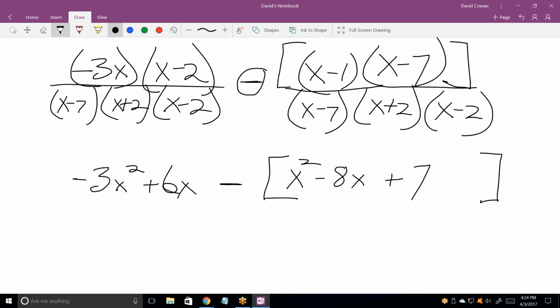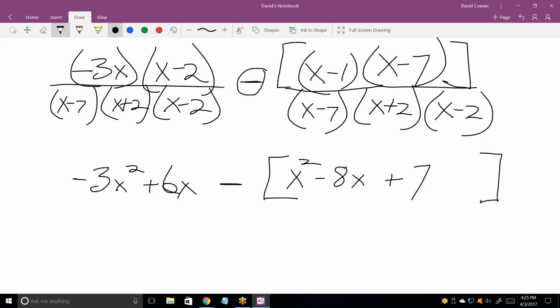Now notice why I put the brackets there. Had I not put the brackets there, I would get a different answer. The brackets tell me that this negative sign has to be distributed to every term that is in the brackets. If I did not have the brackets, I would end up with a plus 7, whereas in reality, I'm going to end up with a minus 7.